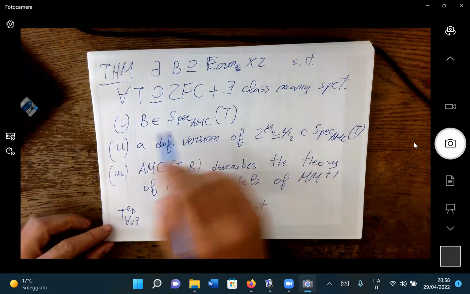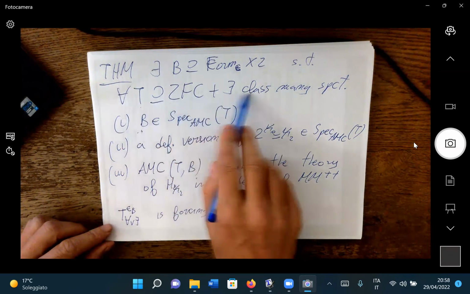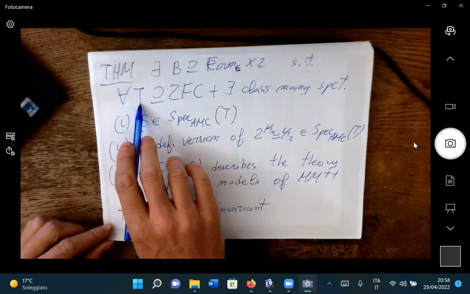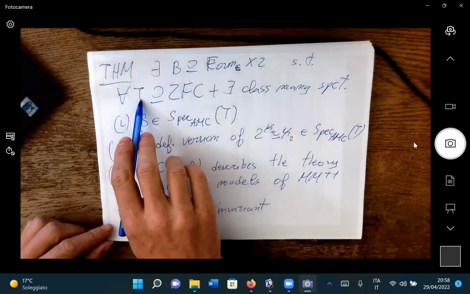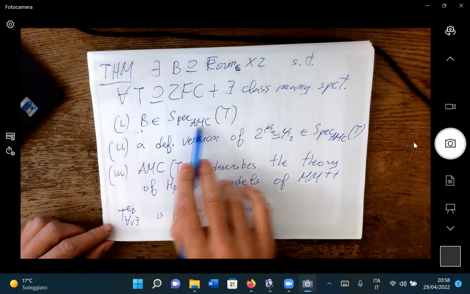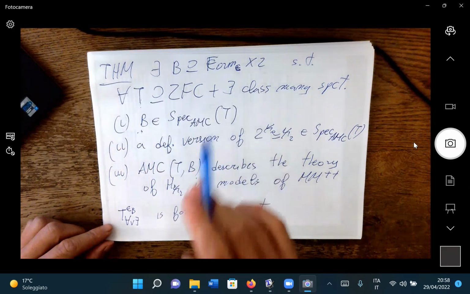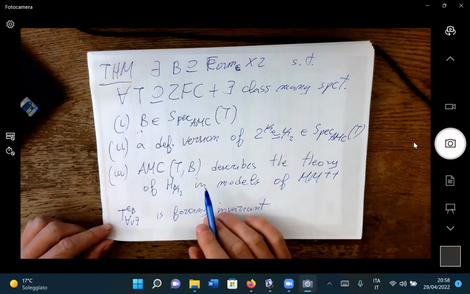And note that 1 holds for any T which extends ZFC plus large cardinals. So for example, you can extend T with CH. So T satisfies CH, but in the absolute model companionship spectrum, you are getting a theory of H aleph 2 which satisfies 2 to the aleph 0 equals aleph 2.